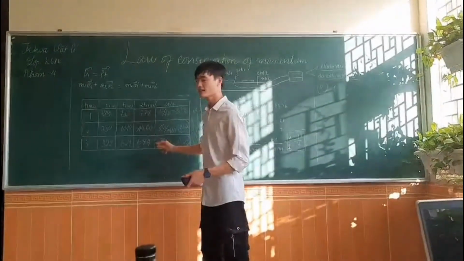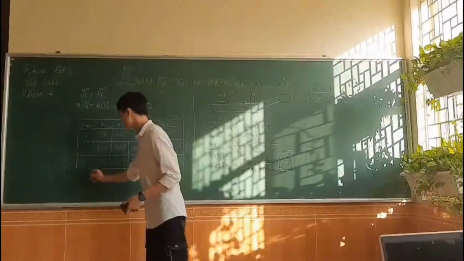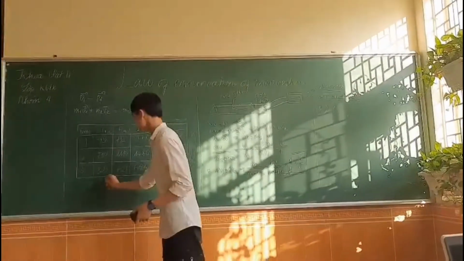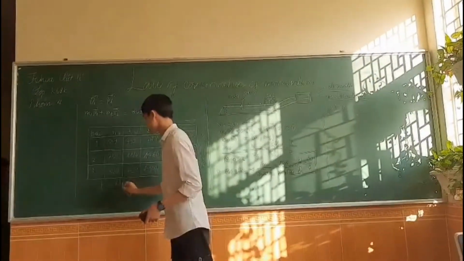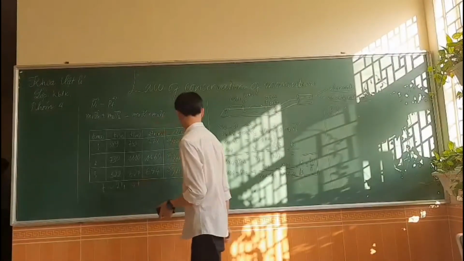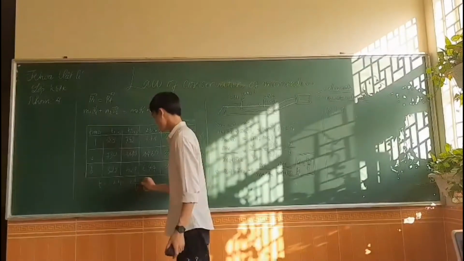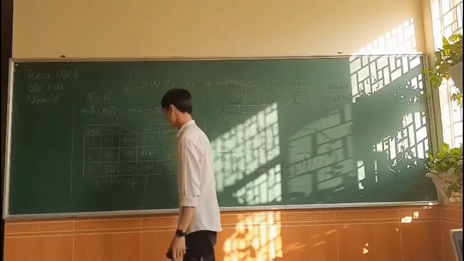In this table, you can see t approximately. This means t1 over t. It's okay.